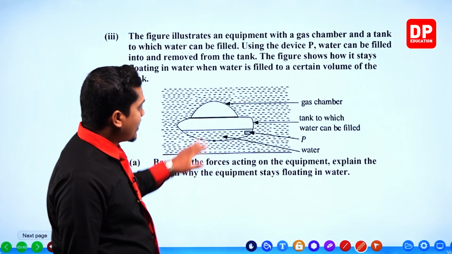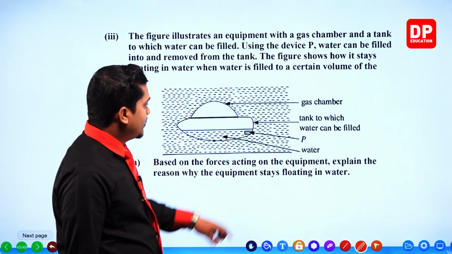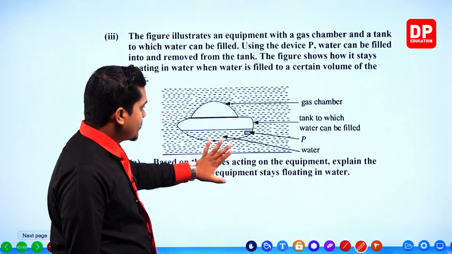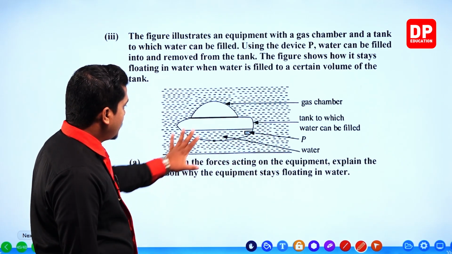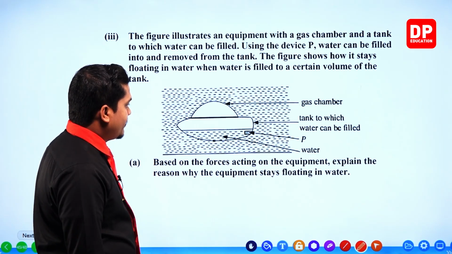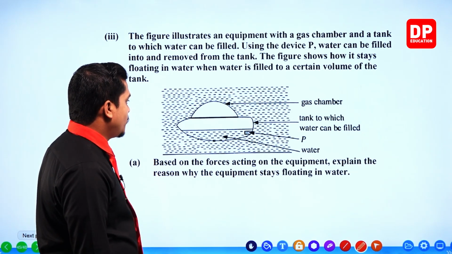Okay, so there's a gas chamber, there's a tank to which the water can be filled, then there's P, like a switch kind of a thing, then there is water like this. Based on the forces acting on the equipment, explain the reason why the equipment stays floating in water.